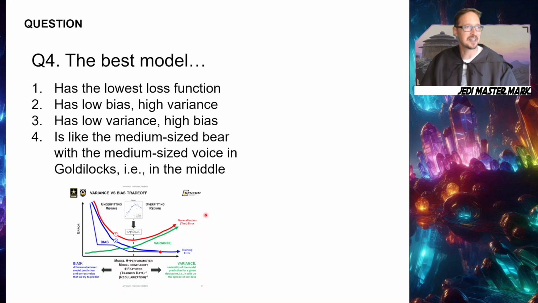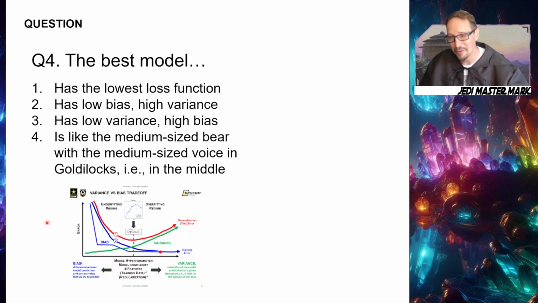So here's a question. The best model: 1 has the lowest loss function. We've already shown that that isn't correct. 2 has low bias, high variance. 3 has low variance but high bias. 4 is like the medium-sized bear with the medium-sized voice, and Goldilocks is in the middle.